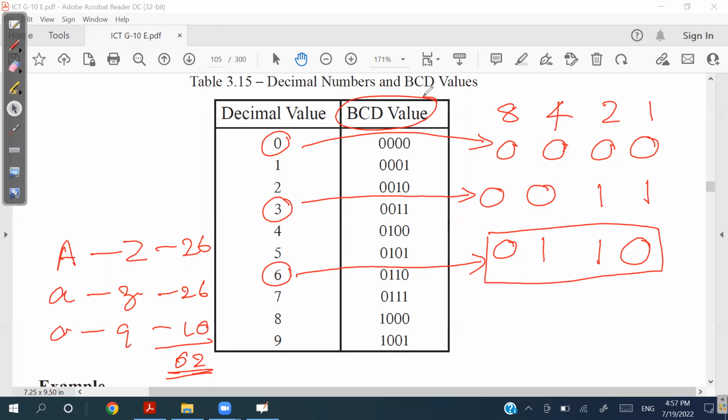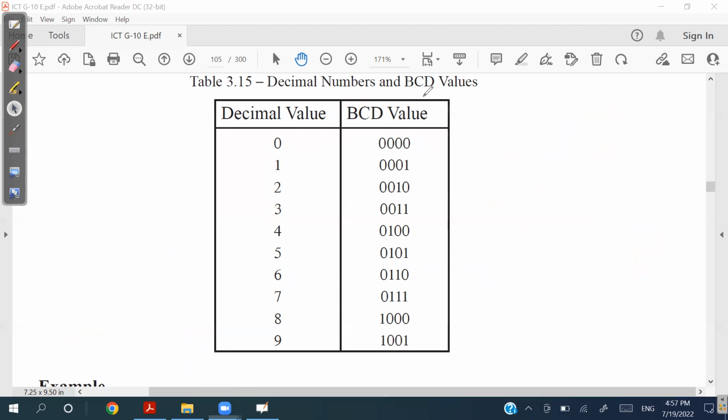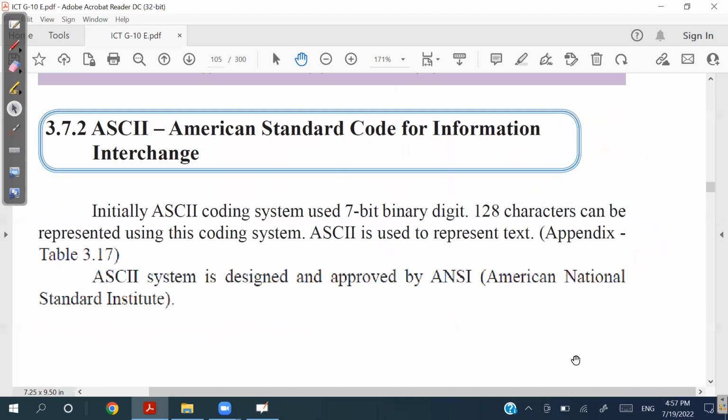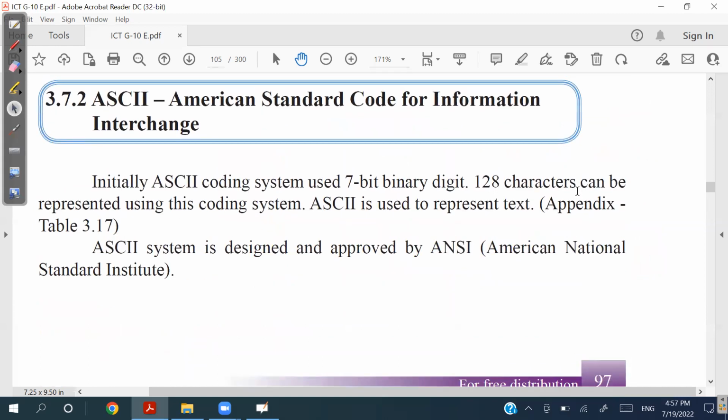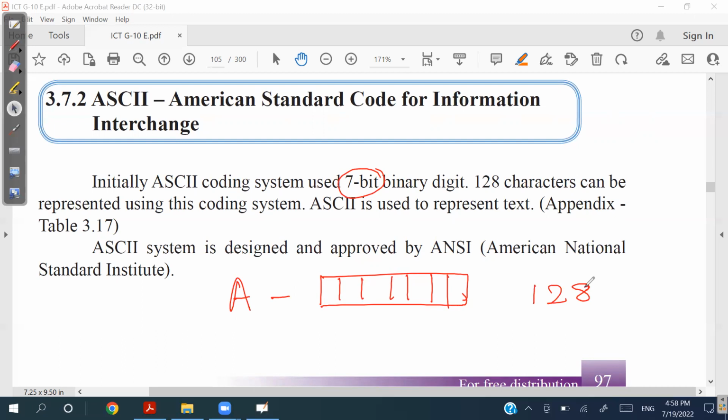So because of that, they introduced something called ASCII code, right? ASCII code was introduced as a 7-bit representation method. That means one particular character is represented using 7 ones and zeros, right? So 7 ones and zeros gave the ability to name 128 different characters in the computer, which was quite easy, and the requirement was fulfilled.